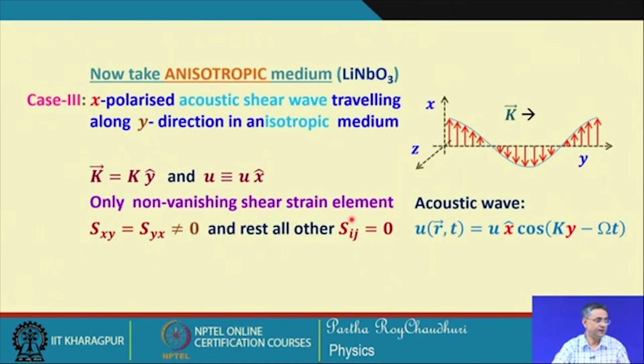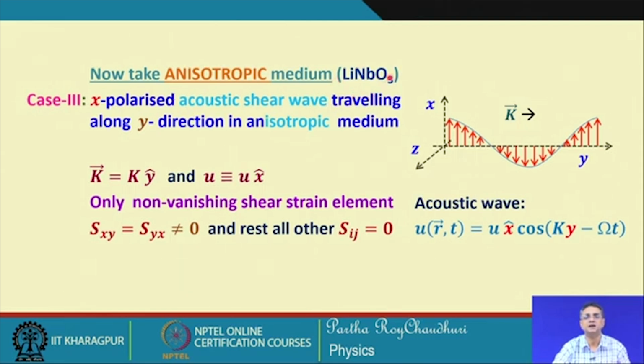Now, we will consider the other case, that is when the medium is anisotropic and the acoustic wave is a shear wave. In this case, an x polarized acoustic shear wave is travelling along the y direction in an anisotropic medium. For an anisotropic medium we have to specify, in order to understand, an example of a specific strain optic tensor.